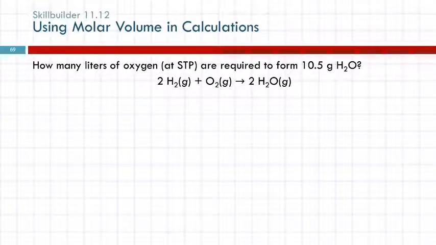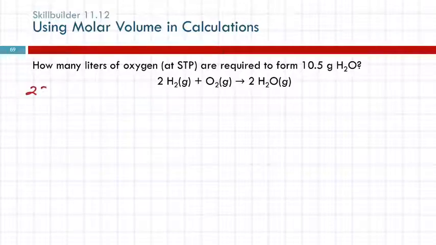So let's do another problem. How many liters of oxygen at STP are required to form 10.5 grams of water? This little thing, at STP, is your ticket to an easier calculation. Anytime you see at STP, think, ooh, I could use 22.4 liters per mole.